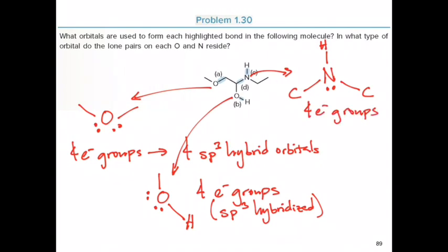And so in that case, the bonds are also sp3 hybridized. And the non-bonding pair of electrons here resides in an sp3 hybrid orbital. So both these bonds right here are sp3 hybridized.